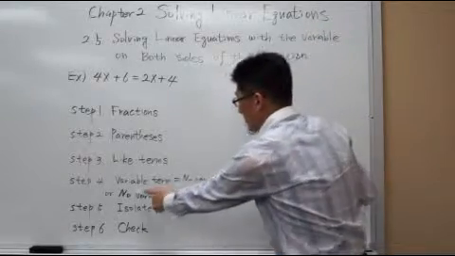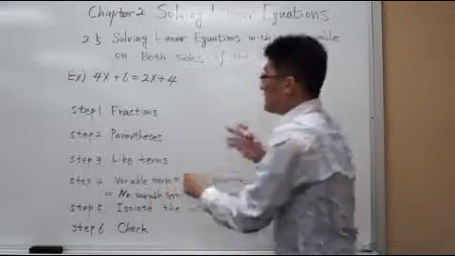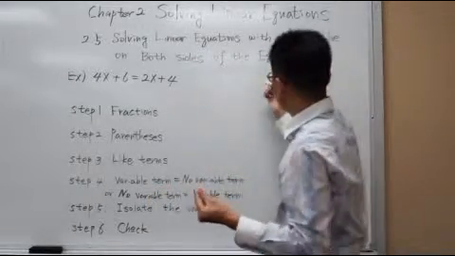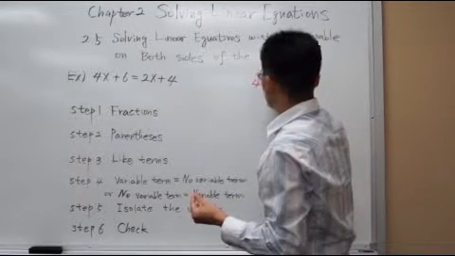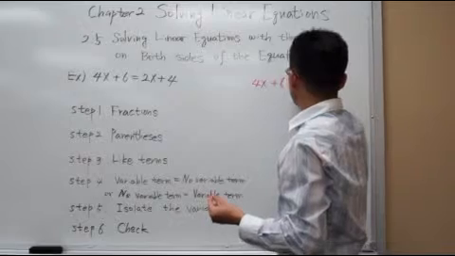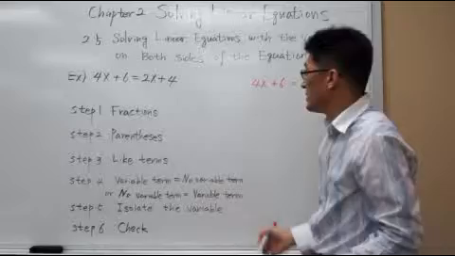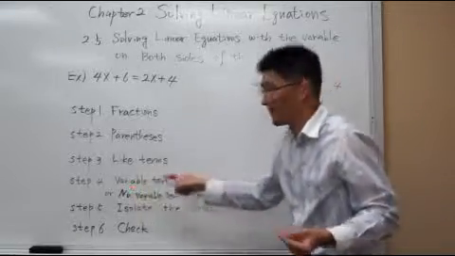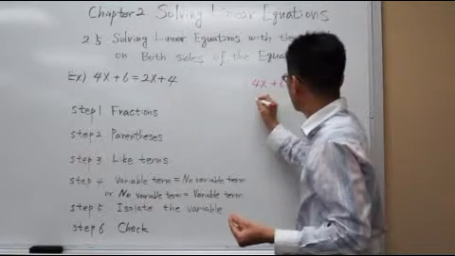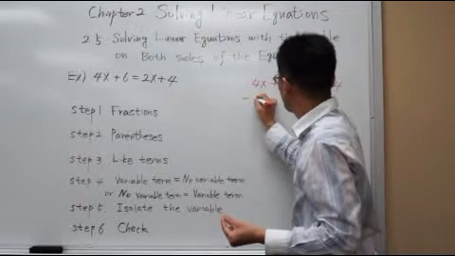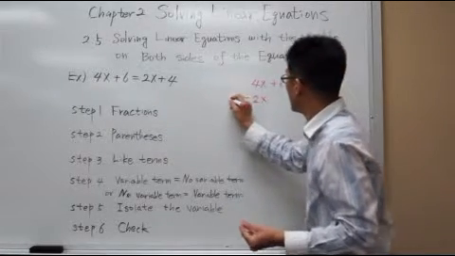So let's do the variable term on the left-hand side first. We have 4x plus 6 equals 2x plus 4. To make the left-hand side the variable term, you add negative 2x to both sides.